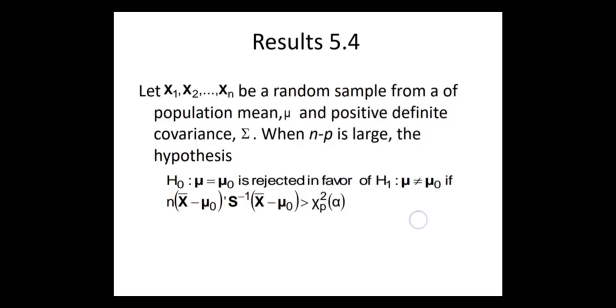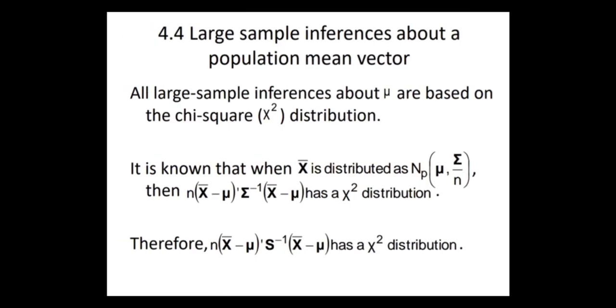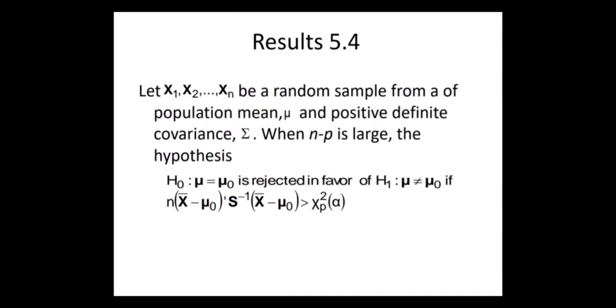So when n minus p is large, the hypothesis H naught, which is that the mean vector mu equals mean vector mu naught, will be rejected if the square distance is more than chi-square with p degrees of freedom, because of this theorem that you have learned before.